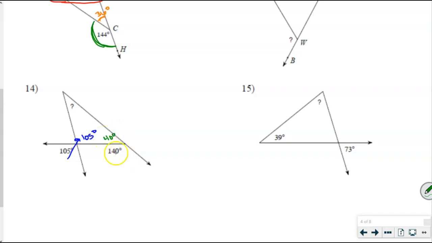There's 40 more. Last angle, the question mark, the one I'm actually after. Ethan. Good. What's left to get to 180, right? All the angles of a triangle add to 180. 105 plus 40 is 145 plus 35 more will give us our triangle sum of 180 degrees.